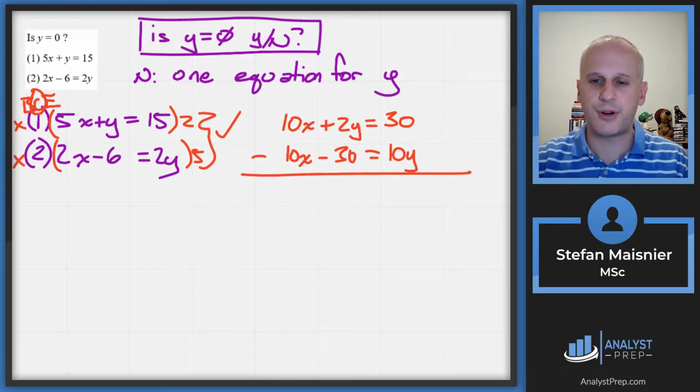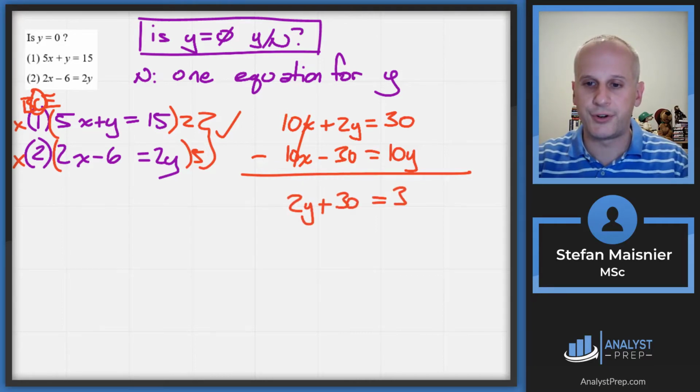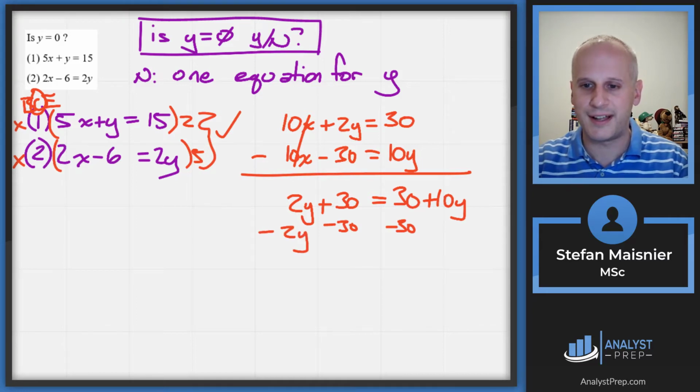So then we subtract out right there. The 10x's cancel. We've got 2y plus 30 is equal to 30 plus 10y. We subtract 30 from each side. And we subtract 2y from each side. And we discover that indeed 0 is equal to y.